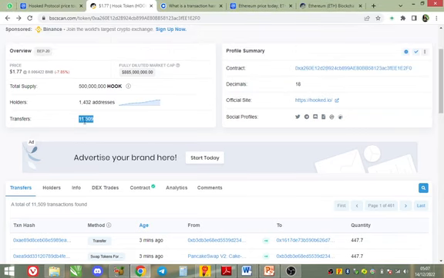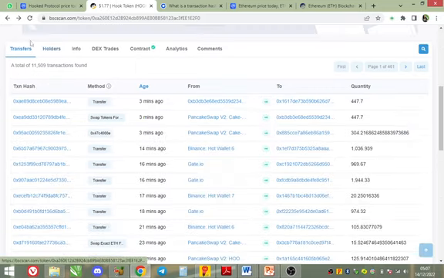Speaking about transaction count, you can go through the transfers that have taken place in the wallet. We have this, which is a transfer, and this, which is a transfer.